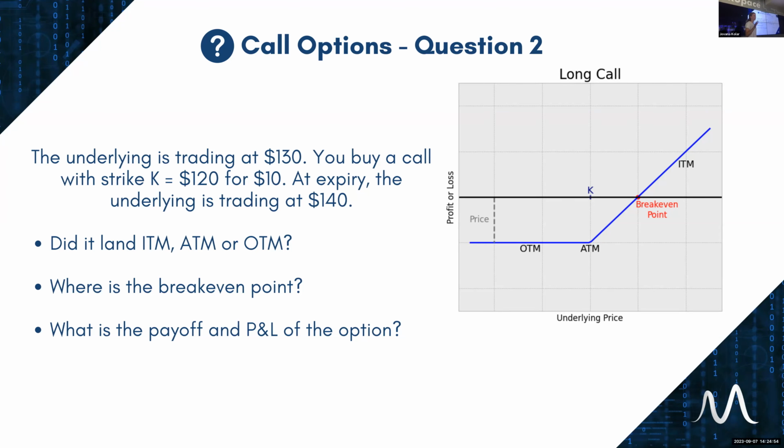P&L is just that minus the price you paid for the option. Yeah. So the payoff is 140 minus 120, which is $20. But then you paid $10. So your P&L would be 20 minus 10. Okay. Does anyone have any questions about this example?